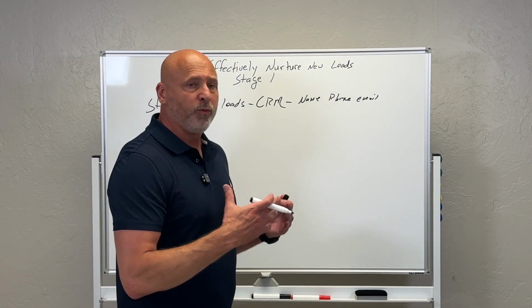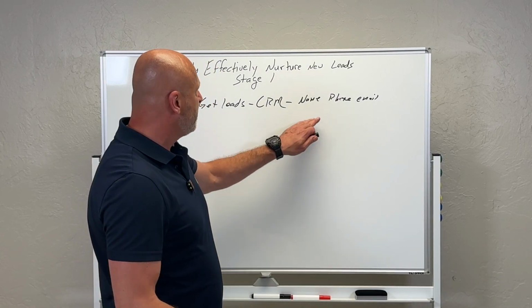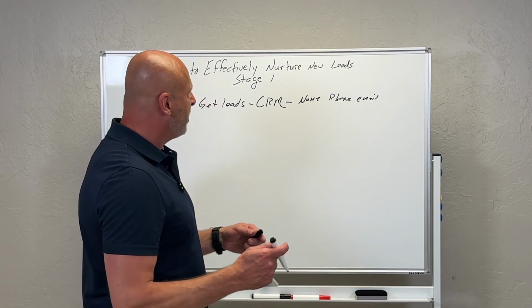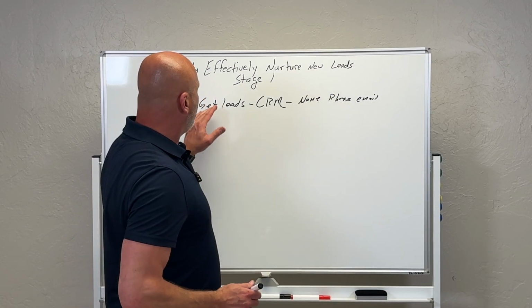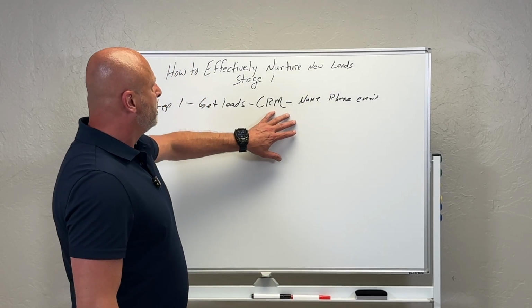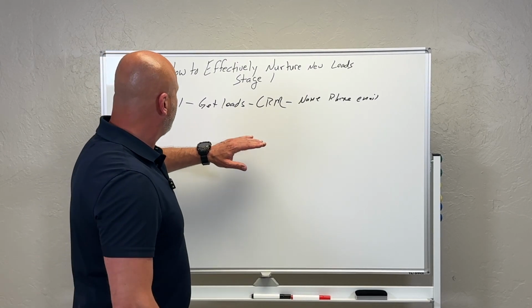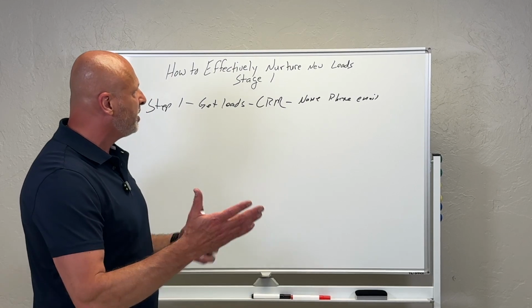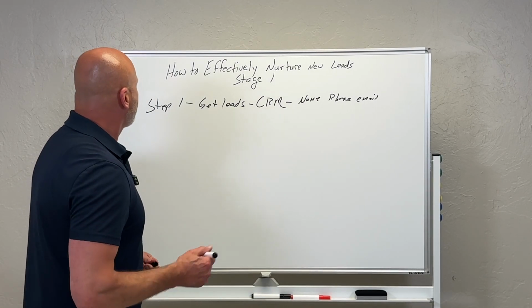Texting is the number one form of communication anyway, so you certainly need a name and phone number. Email might be optional. You might want to have that, but you need to get all of this information into your CRM. This is one of the things that we help businesses implement in their business to help them save time and, like I said, make more money.